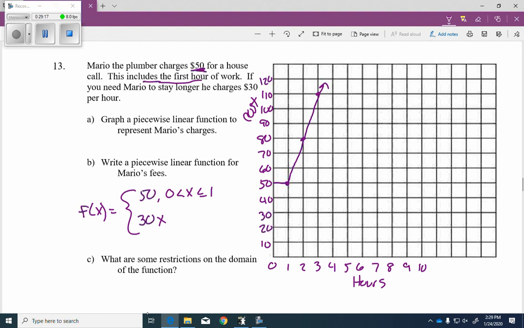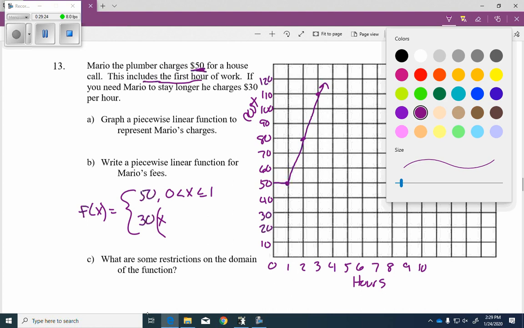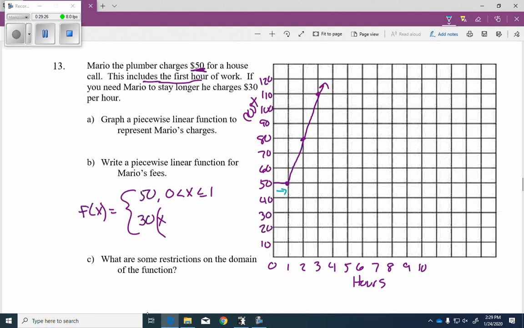But I'm going to do this as a shift, so I need parentheses. It shifts to the right 1 and up 50, if I use this point as a shifting point. So it's going to be a minus 1 and then a plus 50. And that's how we can write our second piece.